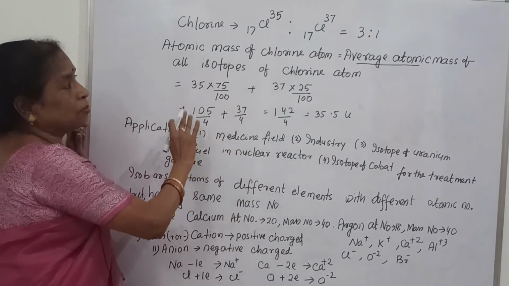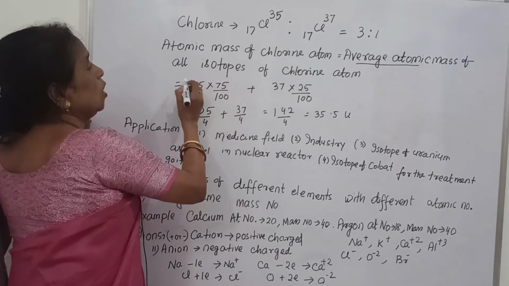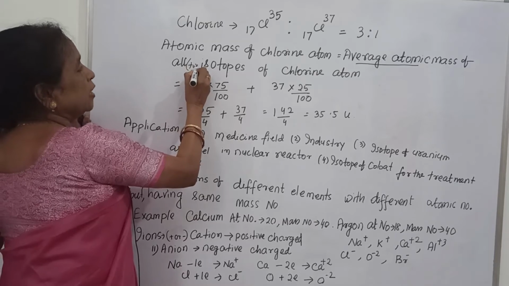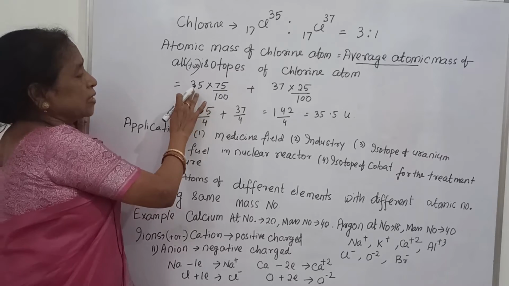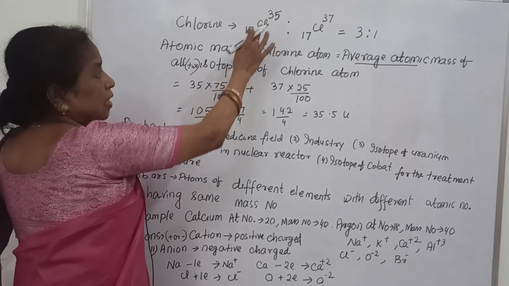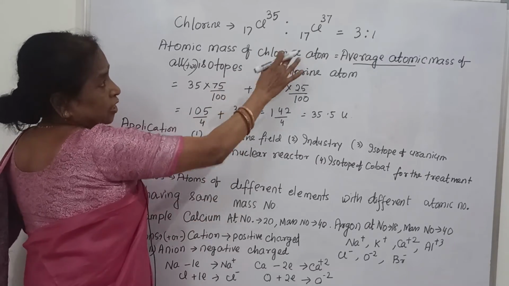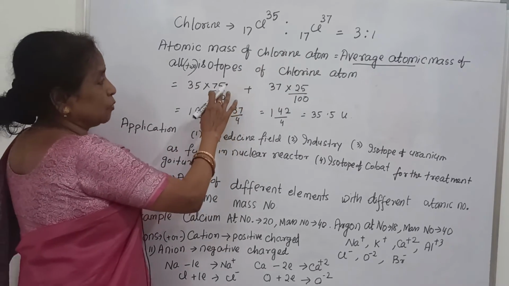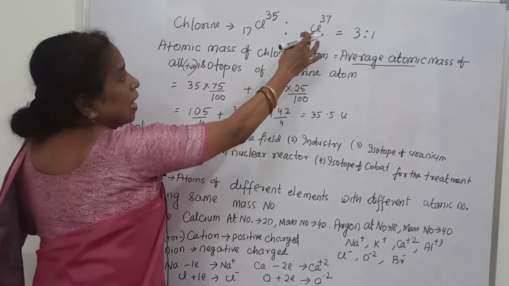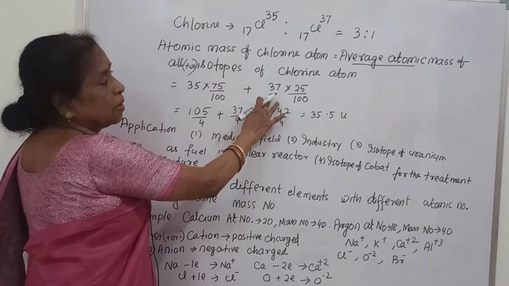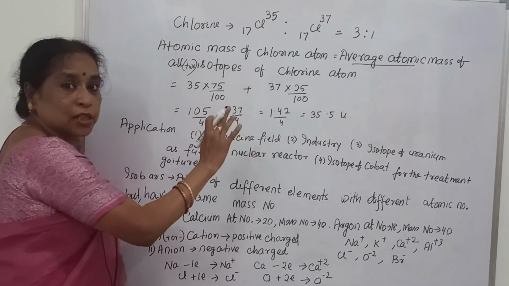How many isotopes are there? Only two. The first isotope has mass 35 units and is 75%, because the ratio is 3:1, and the other has mass number 37 and is only 25%.